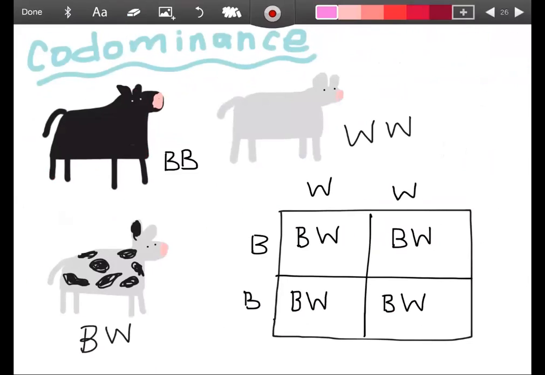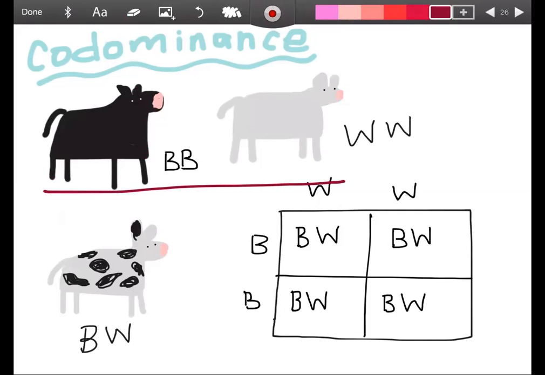Moving forward, there's also codominance. This is another non-Mendelian inheritance. So with codominance, let's say that we have two different cows. These cows at the top are the parent cows. We have a black cow, completely black coat, and we have a white cow with a completely white coat of fur.